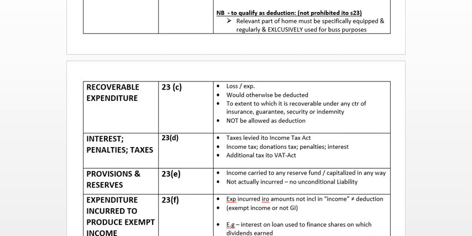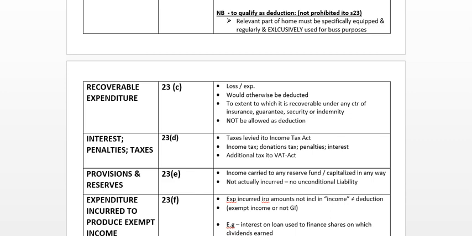So to qualify as a deduction, so not prohibited in terms of section 23, the relevant part of the home must be specifically equipped and regularly and exclusively used for business purposes. Recoverable expenditure, section 23C, so loss or expenditure that would otherwise be deducted, to the extent to which it is recoverable under any transaction of insurance, guarantee, security, or indemnity, is not allowed as a deduction.